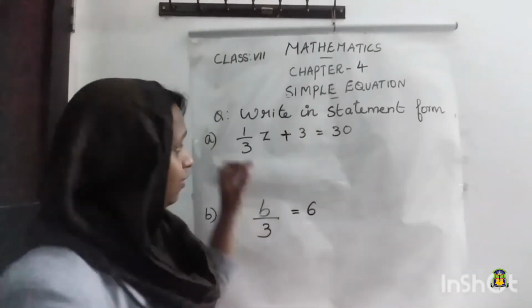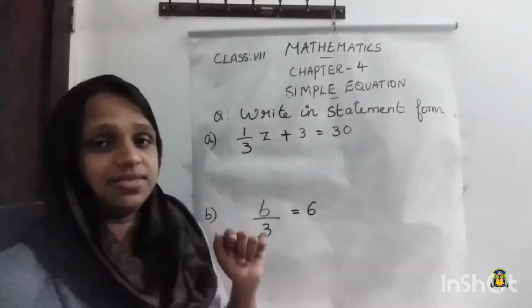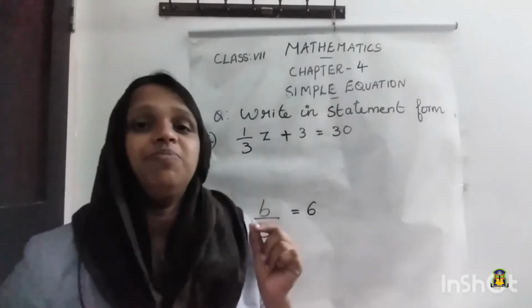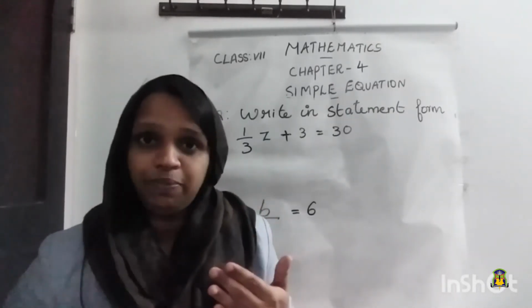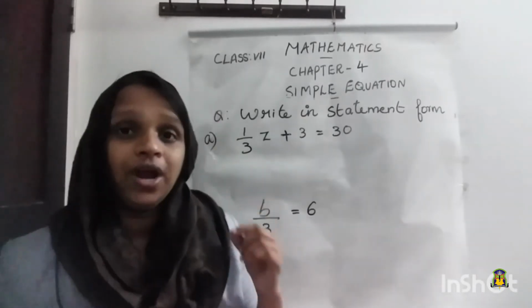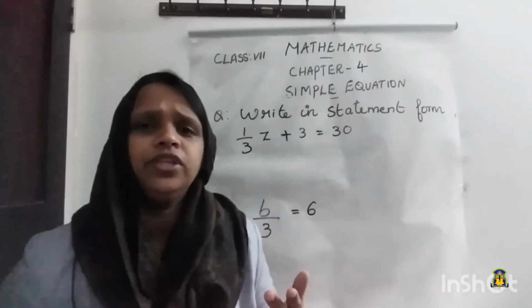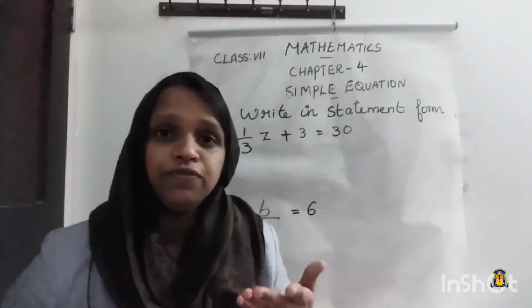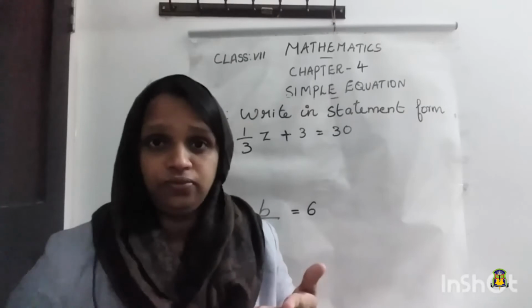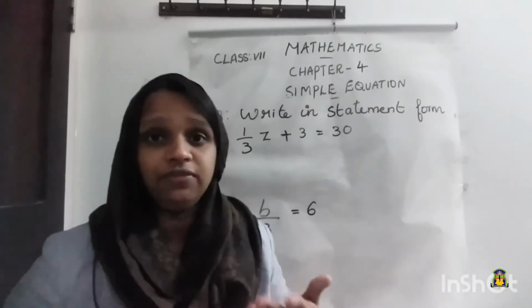Got it? So here 1/3 of z. Here the variable is z. "Of" means multiplication, isn't it? So 1/3. If it is half, then half of. Like that we use, isn't it? If it is 3/5, then 3/5 of. Like that we can write.